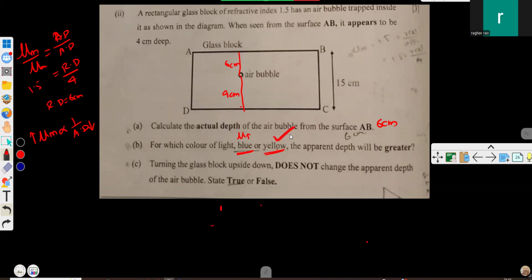Turning the glass upside down does not change the apparent depth of the air bubble. That is false, because whenever you turn the glass slab, the real depth becomes 9 centimeters.